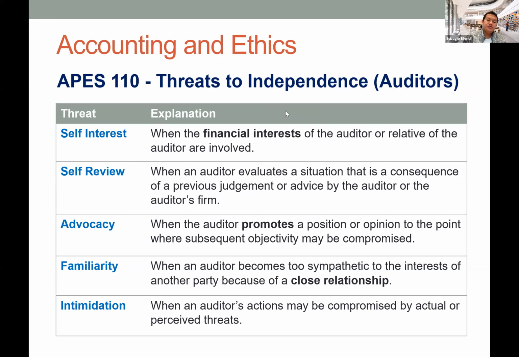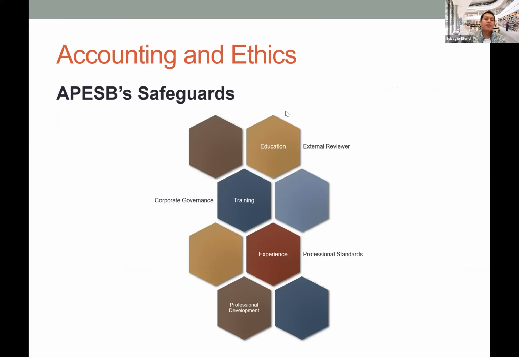Okay, now let's move to the safeguards. So in the standard we have 7 safeguards to mitigate the risk of breach of the ethical principles. Okay, so we have education, training, and experience.